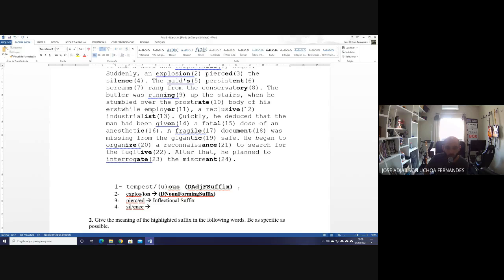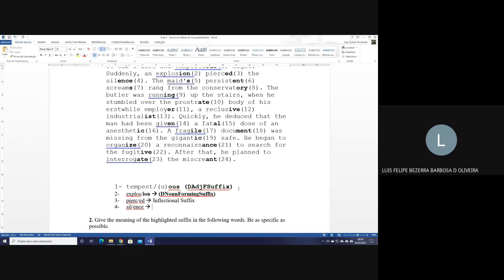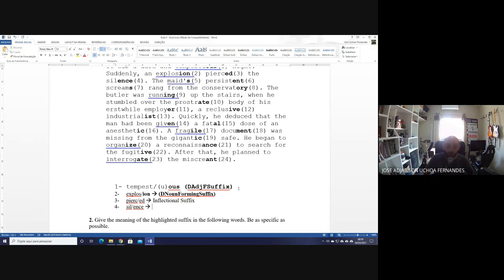Can you think of other words ending in ans and what it means? Patient, patience. What is ans? This class of words ending in ans, what are they? They are nouns. Good.